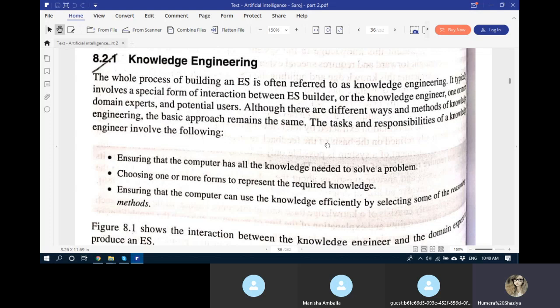The knowledge engineer ensures that the computer has all the knowledge which is needed to solve a particular problem, and has to choose one or more forms to represent the required knowledge, and has to ensure that the computer can use the knowledge efficiently by selecting some of the reasoning methods.